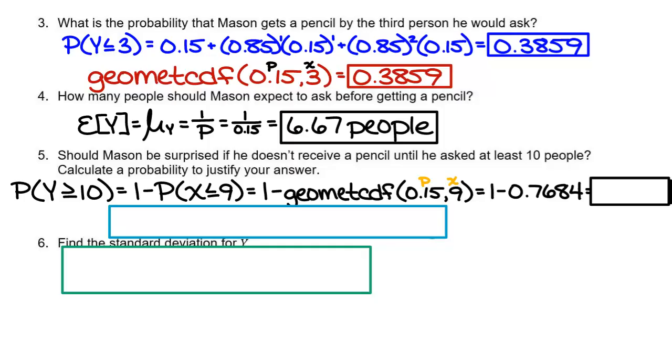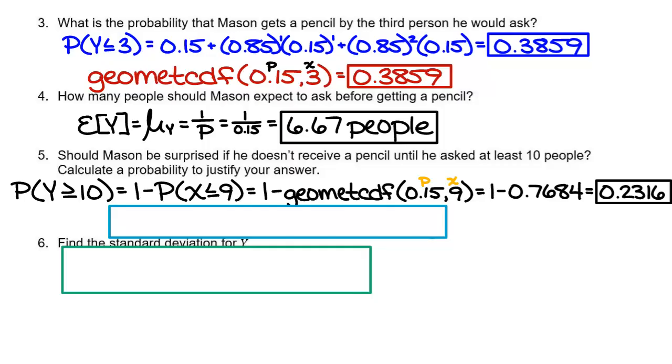And this is what I got. 1 minus, when I did just geometric CDF, with P being 0.15 and X being 9, I got 0.7684, so I do 1 minus 0.7684, which comes back with what? 0.2316.